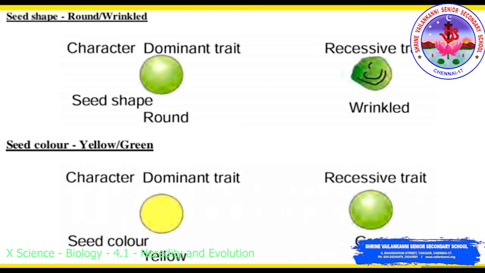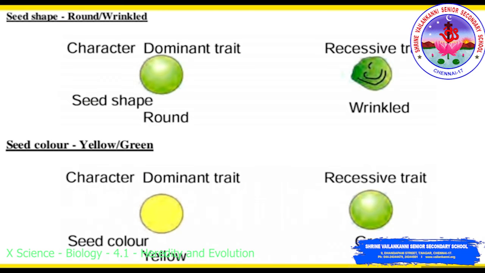First we're going to study seed shape of the garden pea, Pisum sativum. Here you can see the character: the dominant trait and the recessive trait. What are dominant and recessive?